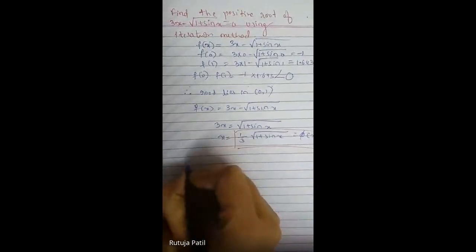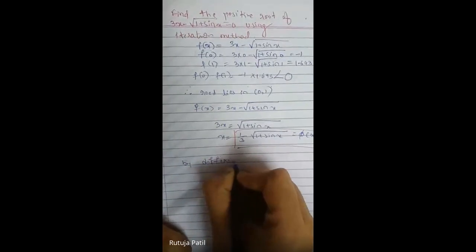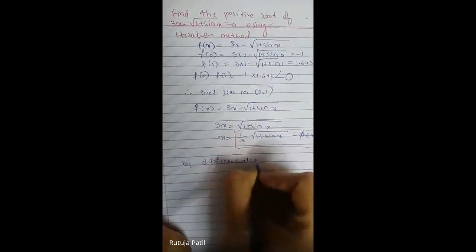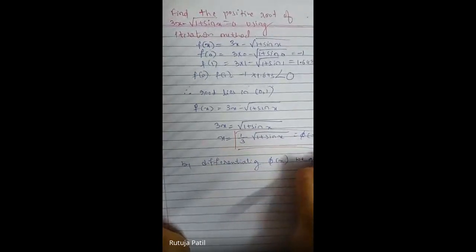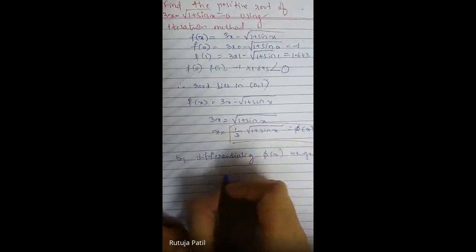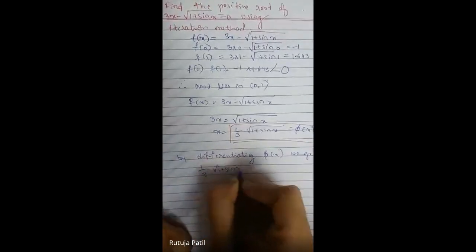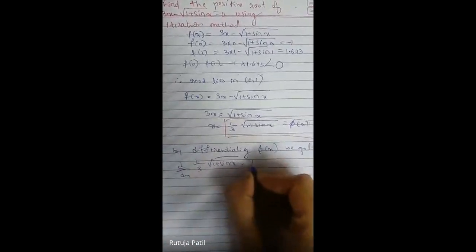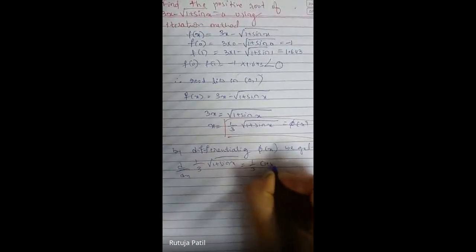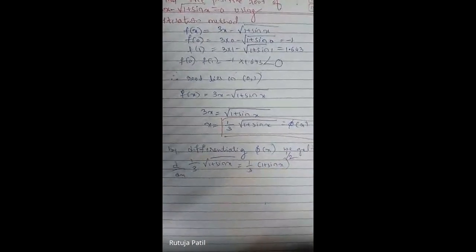By differentiating psi of x, which is 1 by 3 square root of 1 plus sine x, we can write the square root of 1 plus sine x as 1 plus sine x to the power 1 by 2.